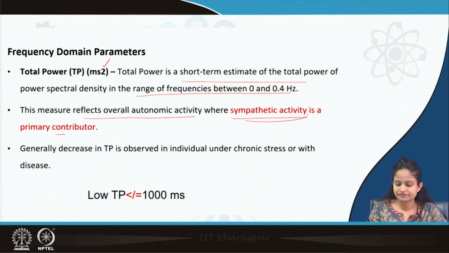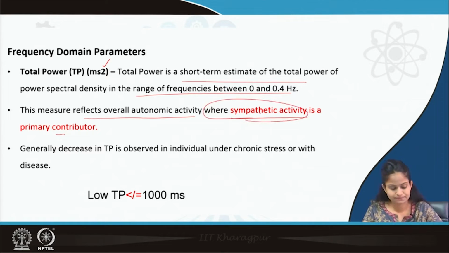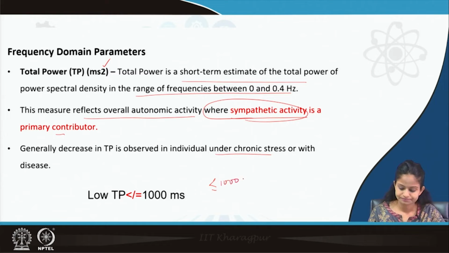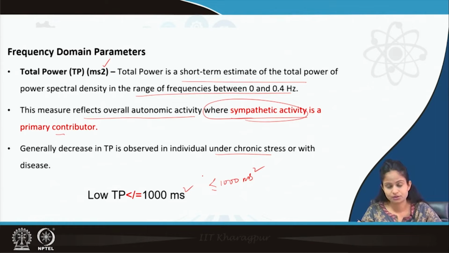Generally, decrease in total power is observed under chronic stress or with chronic diseases like diabetes, hypertension. So, low TP means the value is less than or equal to 1000 ms2.